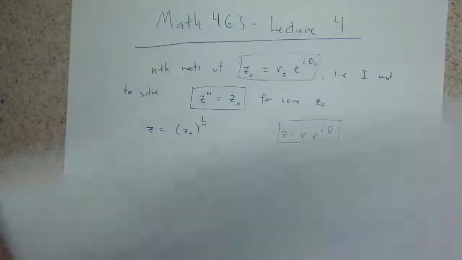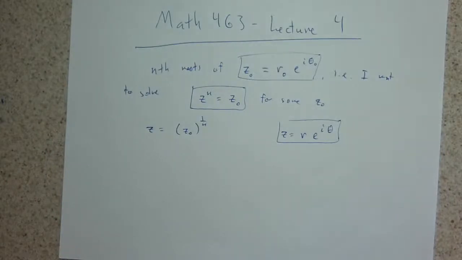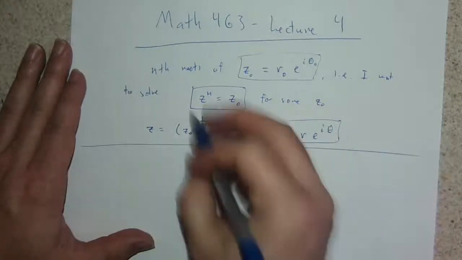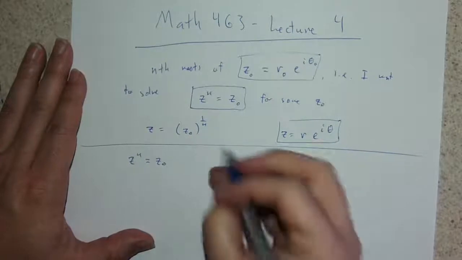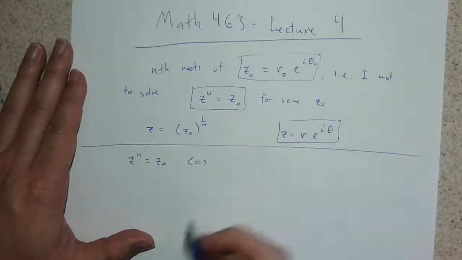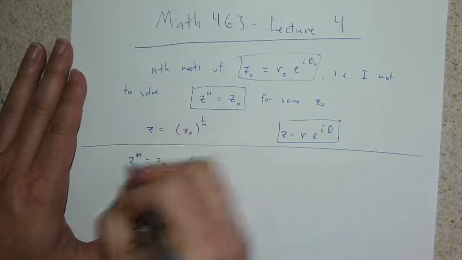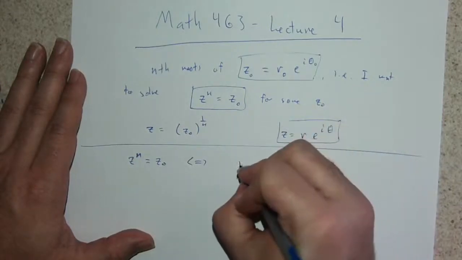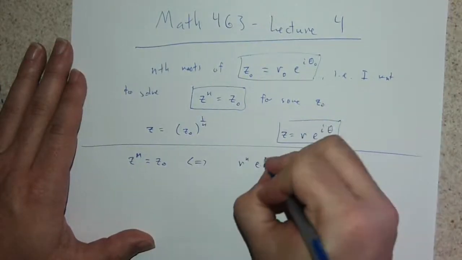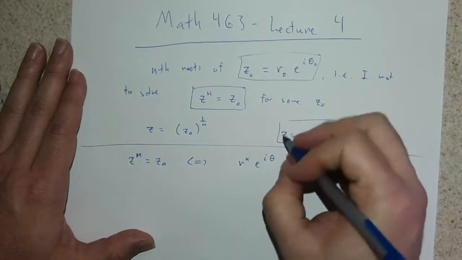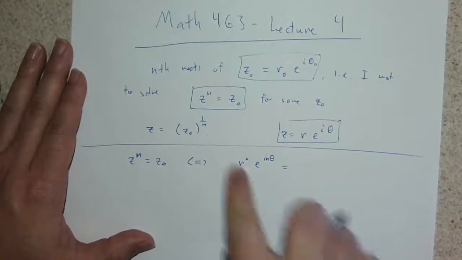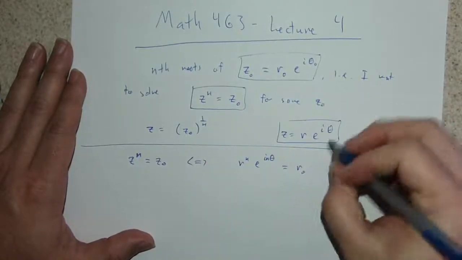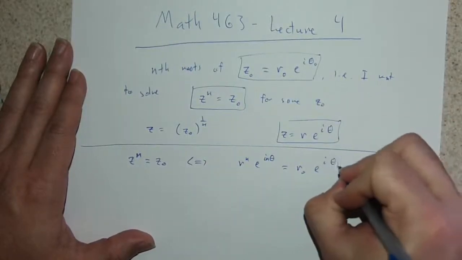Using those together, the equation z to the n equals z naught occurs if and only if r to the n e to the i theta times n is equal to z naught, which is r naught e to the i theta naught.